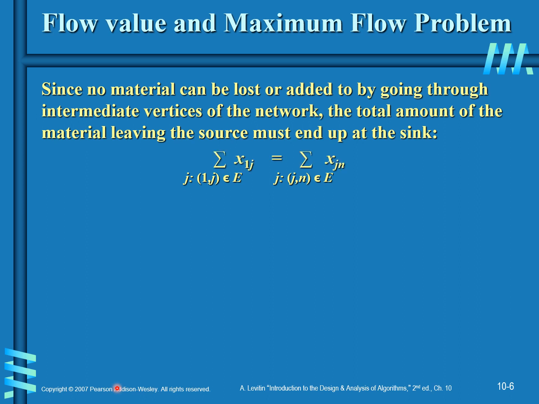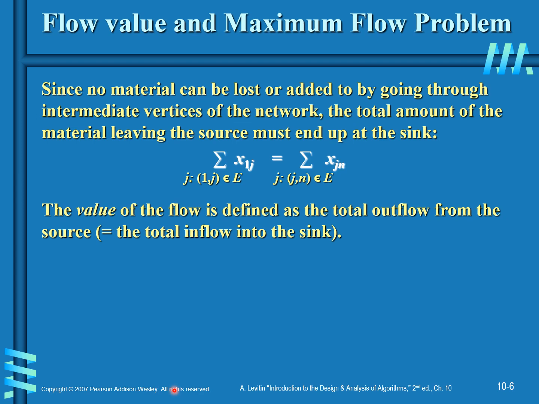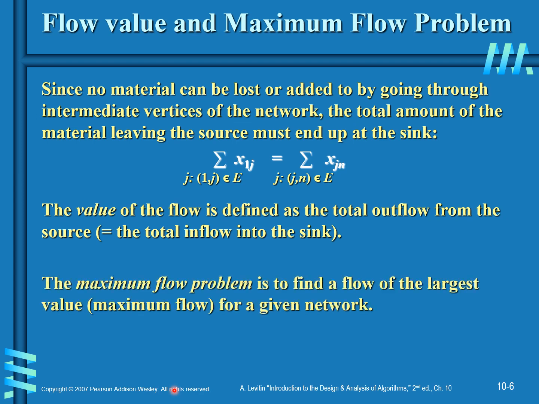That is the summation of x1j, where 1 is the source, equal to xjn, where n is the sink. The value of the flow is defined as the total outflow from the source, which is the total inflow to the sink. The maximum flow problem is to find a flow of the largest value for a given network.